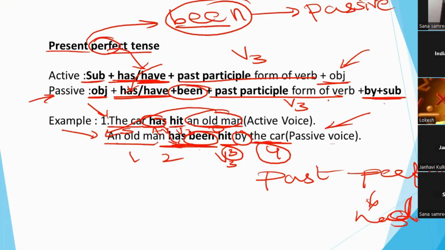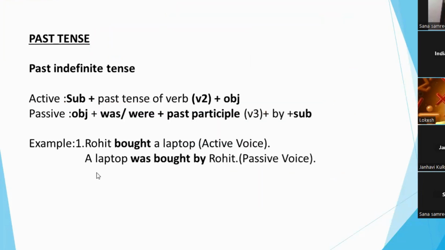So now, if you have past tense in your active voice, then what is the structure and what are the rules that you have to follow? If you have past tense, that is past indefinite tense or simple past tense, their active voice will have the structure like subject plus past tense form of verb, that means V2 form of verb, plus object.